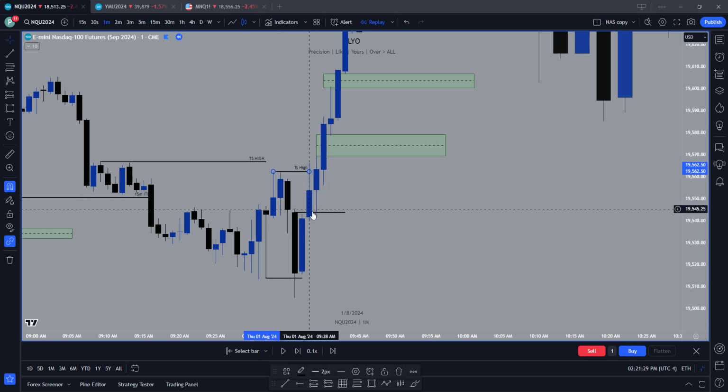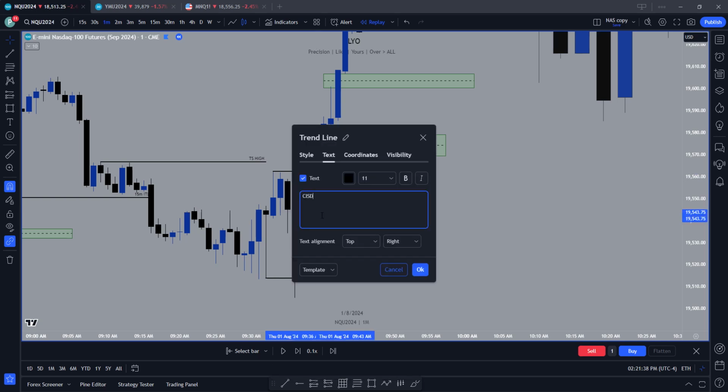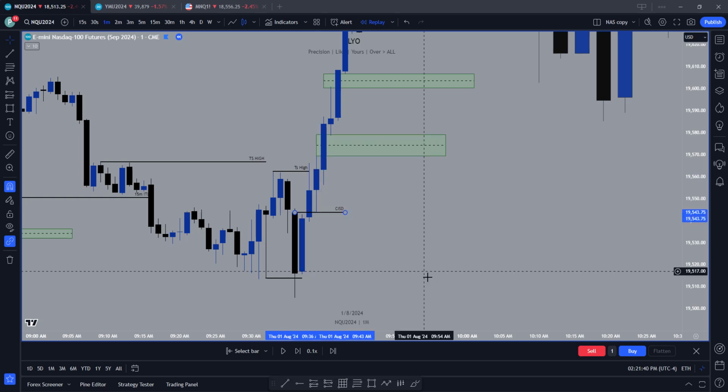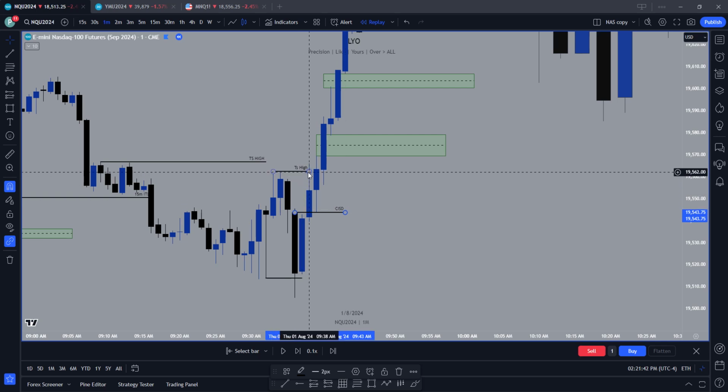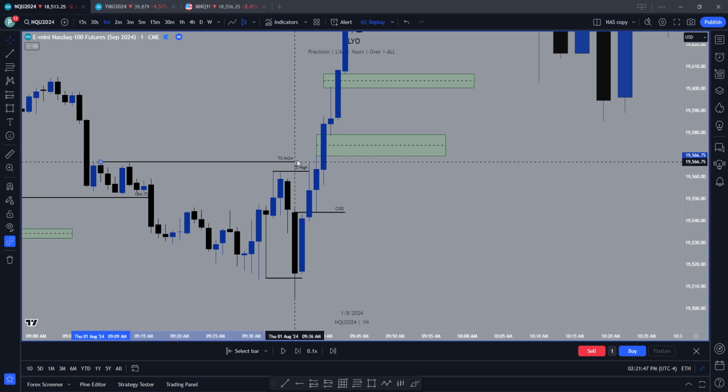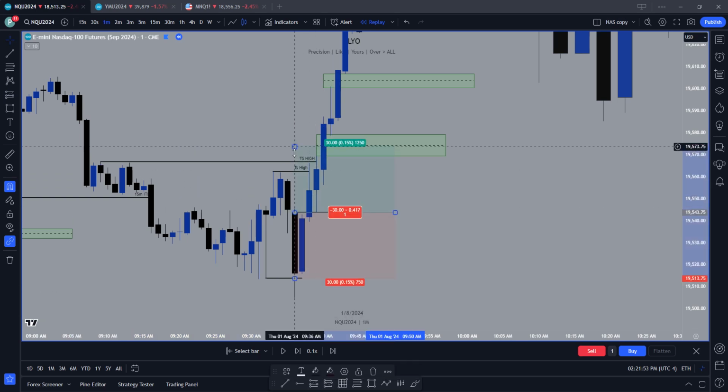Right, we dump through this, come down, get another soup, come back up, CISD here, take the internal high before giving us an entry for the CISD. But you could have still taken this because we never hit the actual soup high. But you, of course, probably take some off or take profit, or maybe even move stop to break even once we hit the soup high, because remember, you want to get in the trade before we hit the soup high.